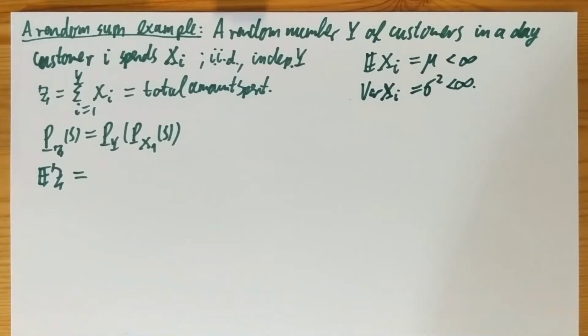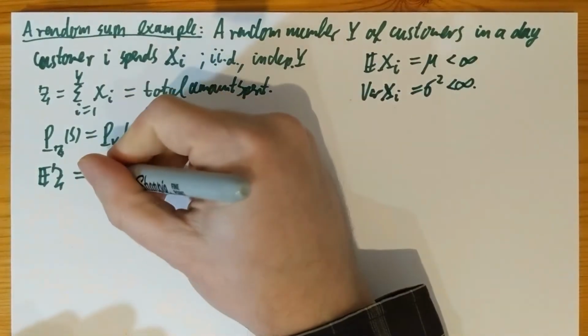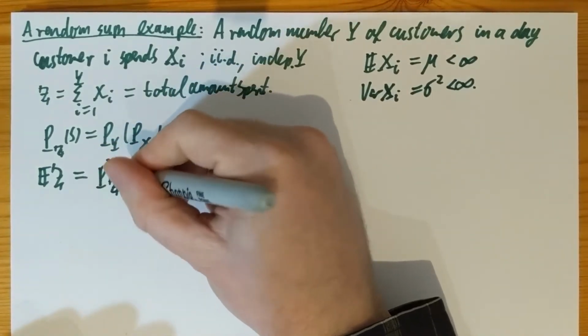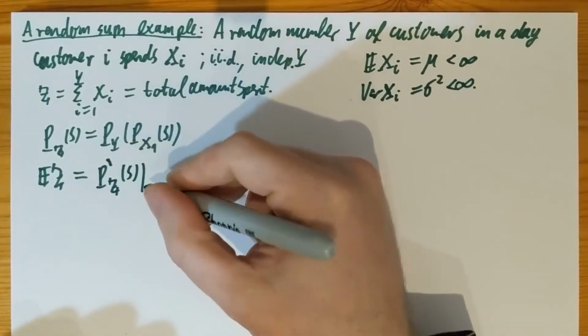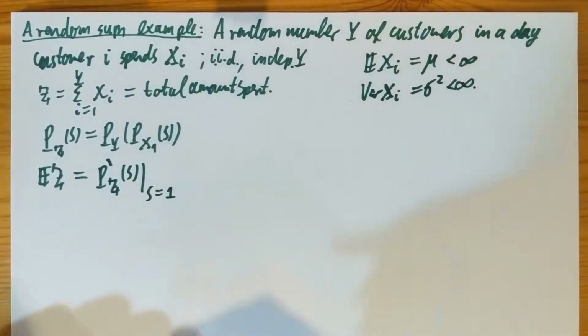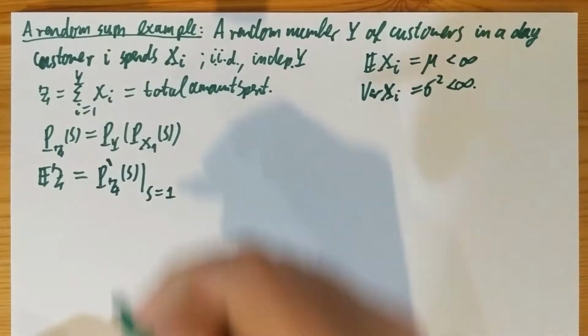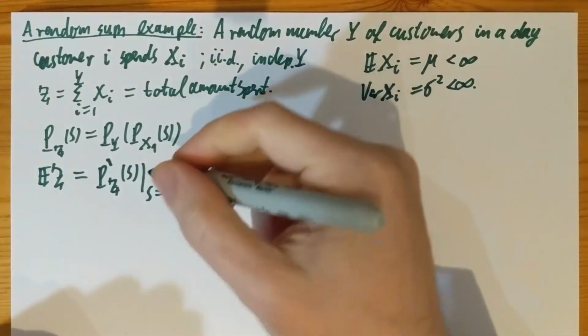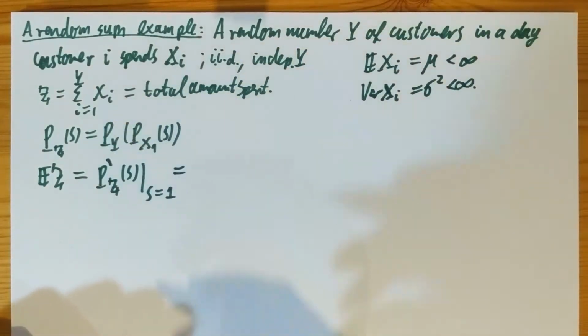Alright? And so the expectation of Z is the derivative of this generating function of Z at s equals 1. This we hopefully all remember from when we defined the generating functions. And actually there is a way to get this in terms of the generating function of X1 and Y. So all we need to do is differentiate this composite function.